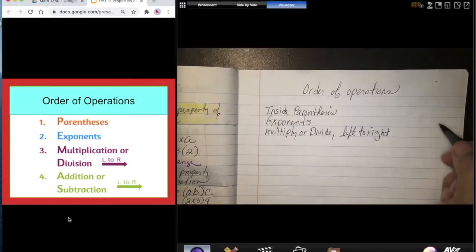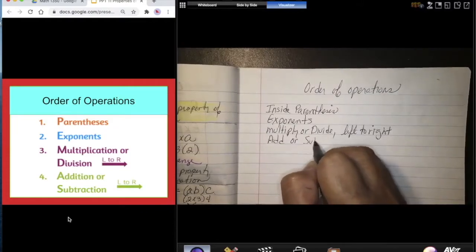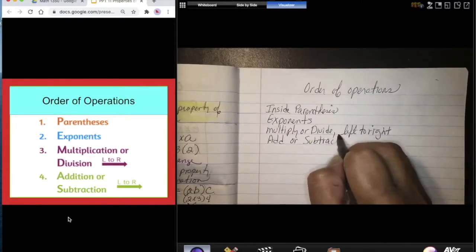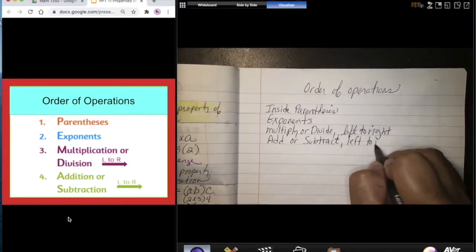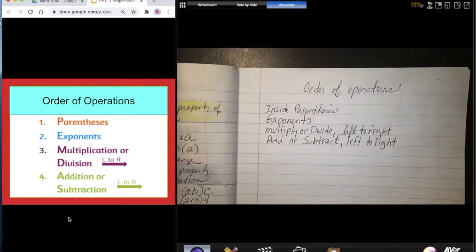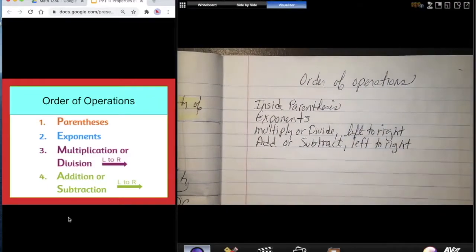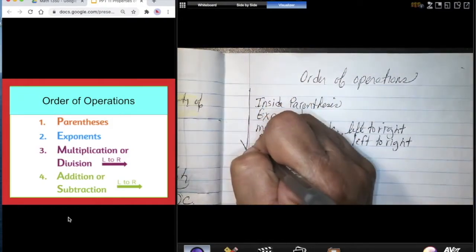The last thing we do is add or subtract, again, left to right. Let's go ahead and draw an arrow going downward.